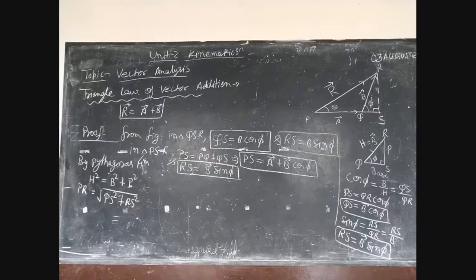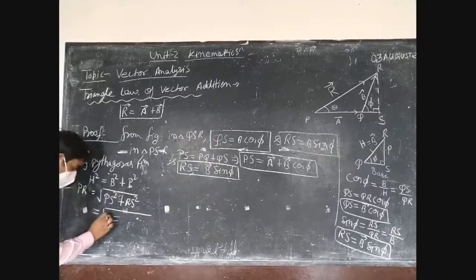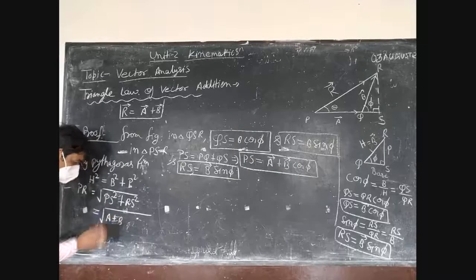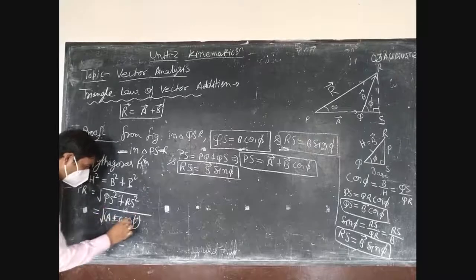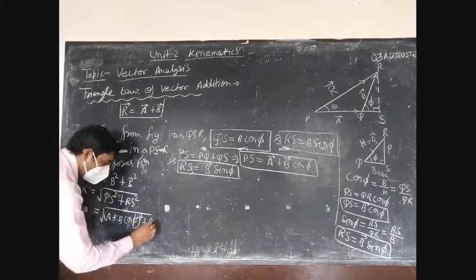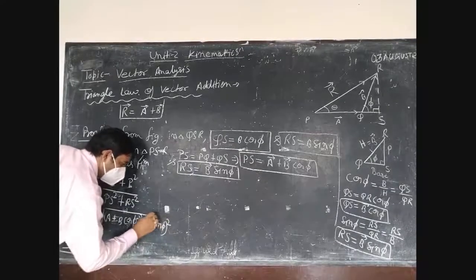Understood? Then put the values of PS and RS here. You will get A plus B cos phi whole square and B sin phi whole square.